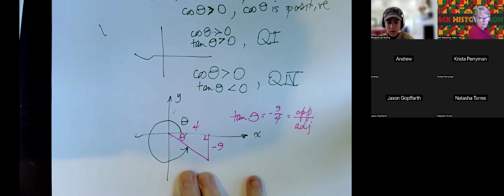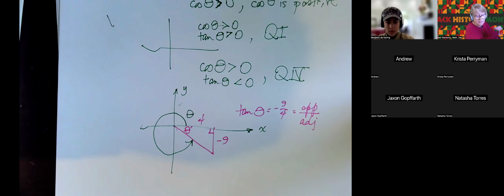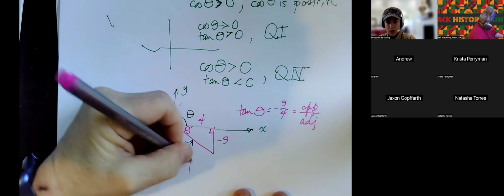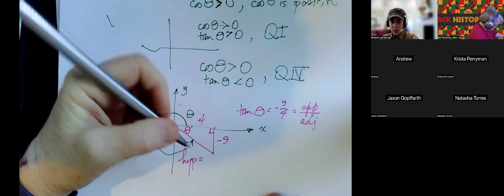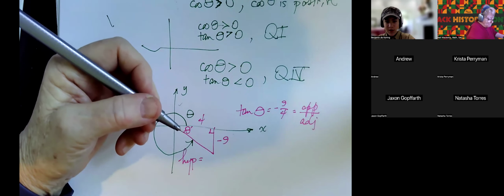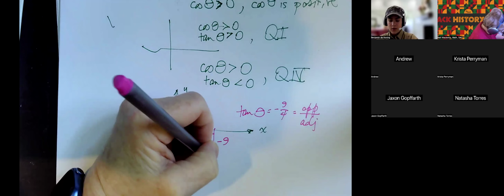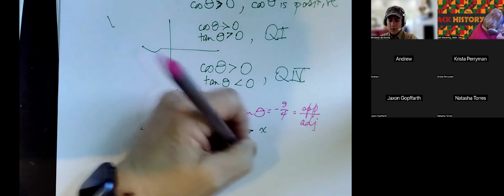Very good. And how do we go about finding the hypotenuse if we're given the opposite and the adjacent? Well, since this isn't on the unit circle, it's not going to be 1, sadly. But we can square the opposite and adjacent, add them together, and then take the square root of that.